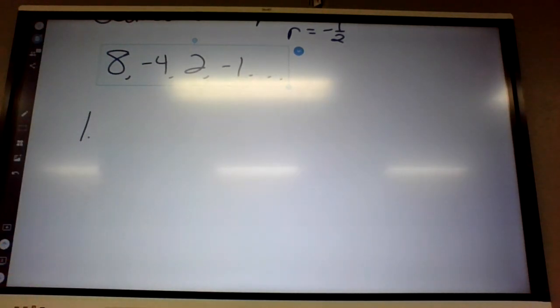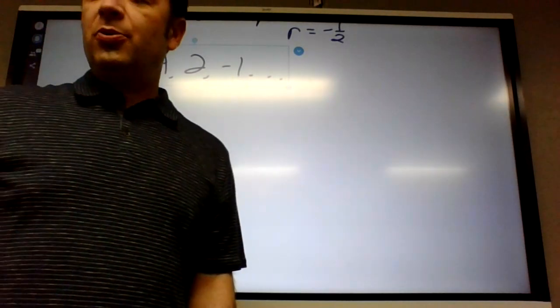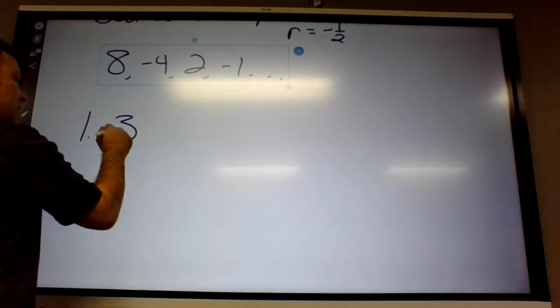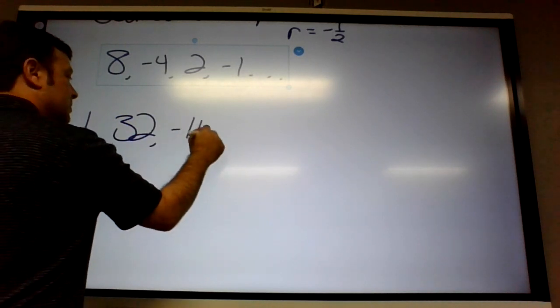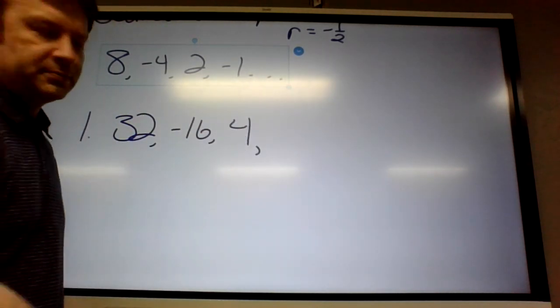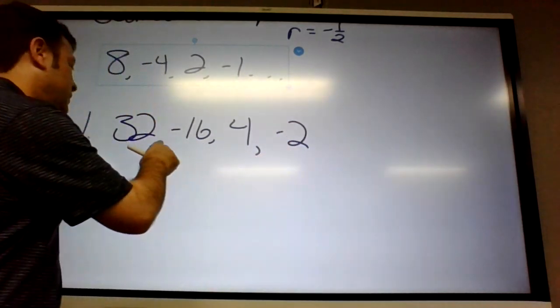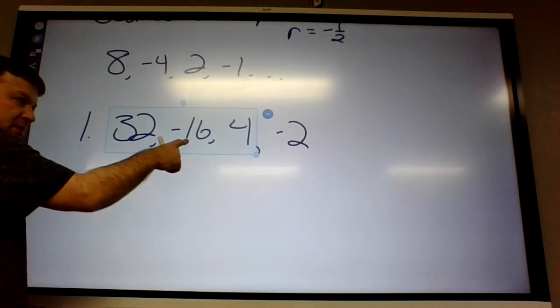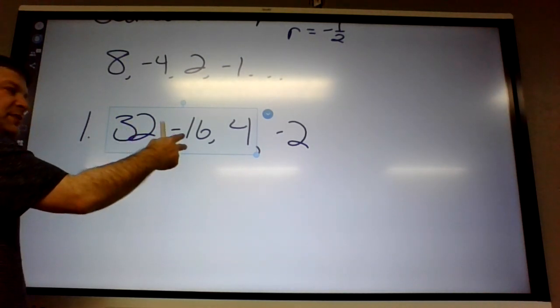32, -16, 4. Number 1 says determine whether or not each sequence is geometric. If it is, state the common ratio. So 32, -16, 4. Is this geometric? How do we get from 32 to -16? -1/2 or divide by -2?